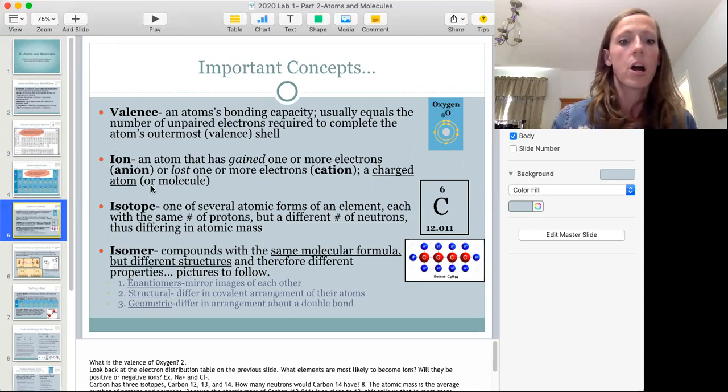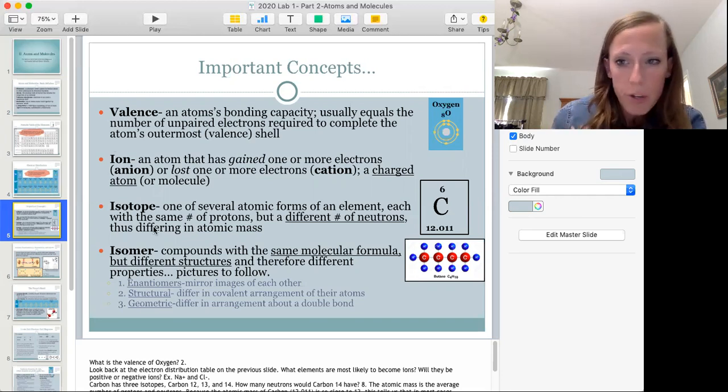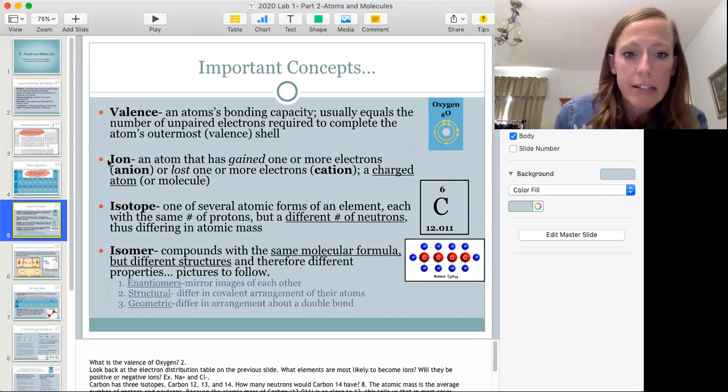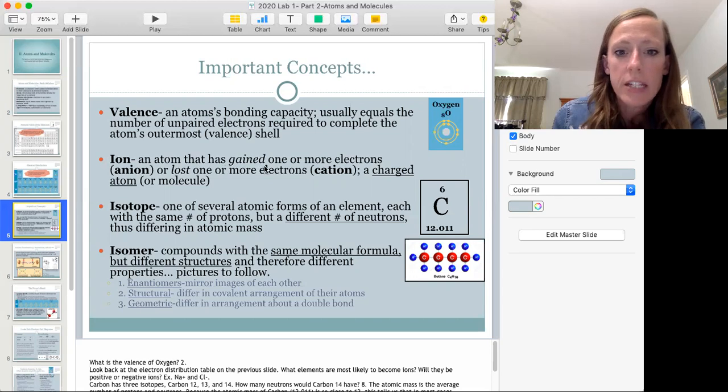Okay, all right, and then the next 3 terms, I'll start with an I, but don't get them mixed up. Ions are atoms that have gained or lost an electron. We talked about this with sodium chloride, right? So those that have gained 1 or more electrons are going to have a negative charge. They are more negative because they got an extra electron.